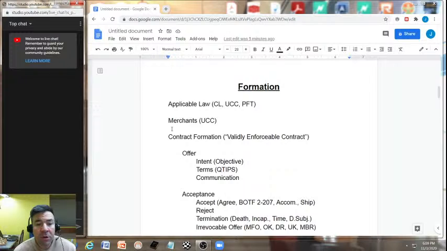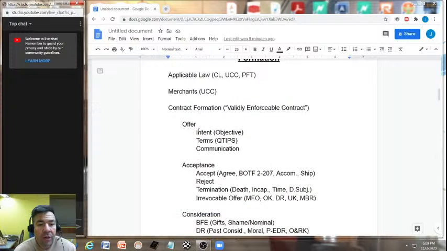After establishing merchant status of the parties, we then proceed to contract formation proper, which is where we look to see if we have a validly enforceable contract situation. Now, a validly enforceable contract situation is a special situation. It's the situation where all of what we will be talking about has already been established.